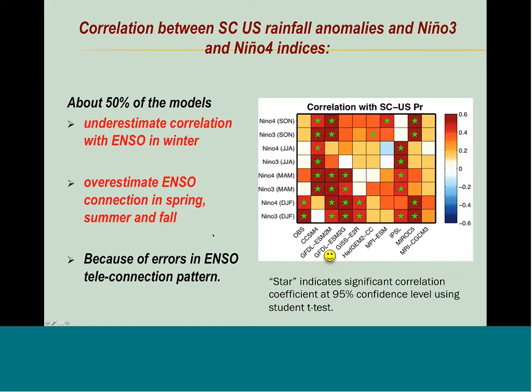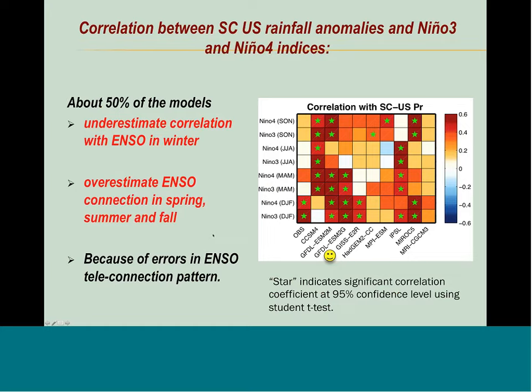And how well the model could capture the relationship between regional rainfall anomalies and ENSO. In this diagram, we compare the correlation between modeled rainfall anomalies and the Niño-4 and the Niño-3 index.